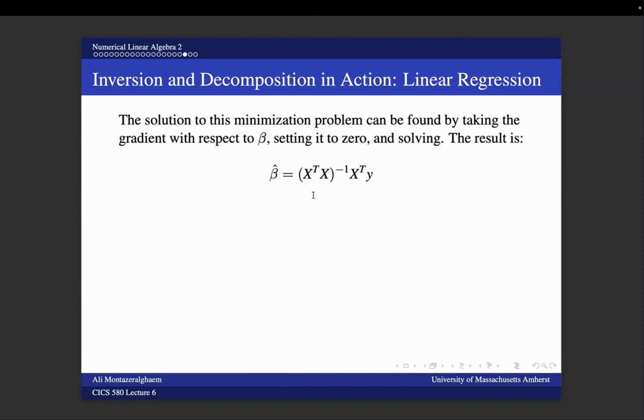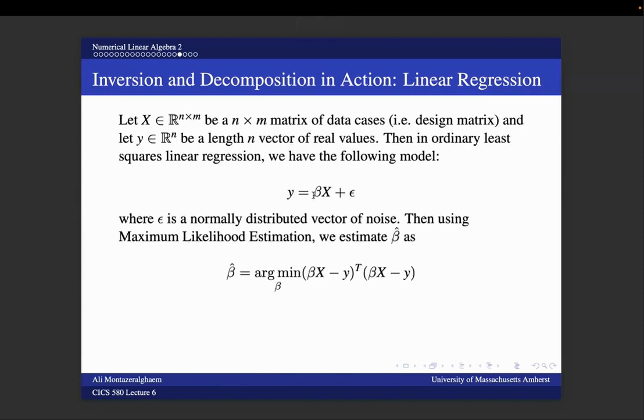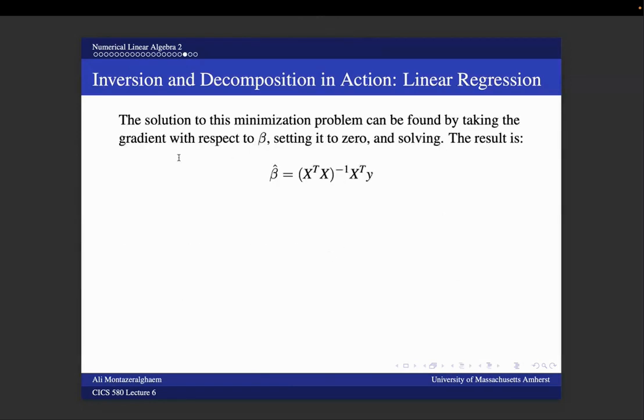To solve this problem, you need to get the gradient with respect to beta, set it to 0, and solve, right?